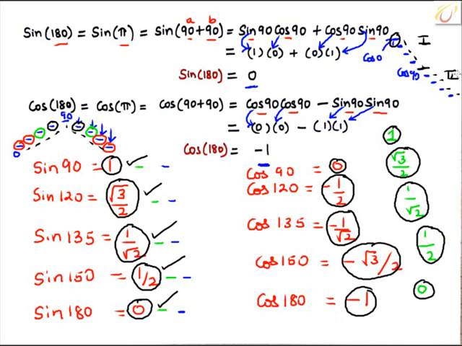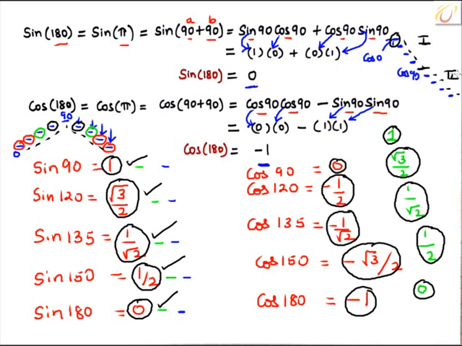The pattern is 0, half, 1 upon root 2, root 3 by 2, 1. If you fix this pattern, sine starts at 0 till 90, it is an increasing pattern. From 90 to 180, it is a reverse pattern or a decreasing pattern. For cos, it starts from 1 with a decreasing pattern, goes to 0.